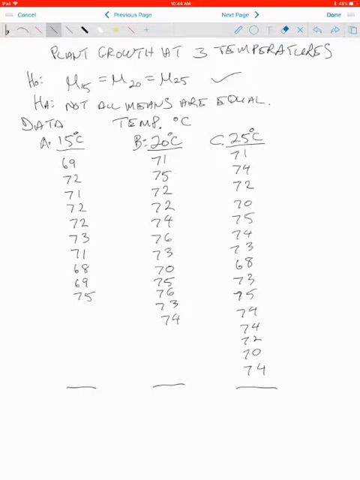And so what I've done here is to actually tabulate the data, because there's a fair bit of it. All the numbers are written down here, so you can simply stop the video and copy those down if you want to work through this example yourself. That's all the raw data, the data at 15 degrees, at 20 degrees, and at 25 degrees. And I've called these different groups A, B, and C in addition to giving the temperatures at which they're grown.